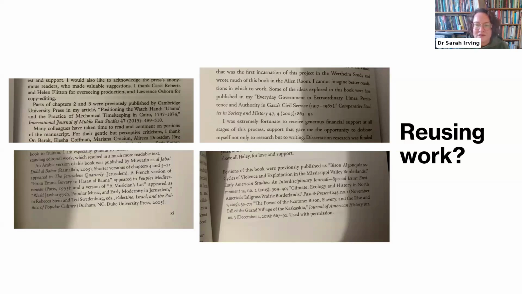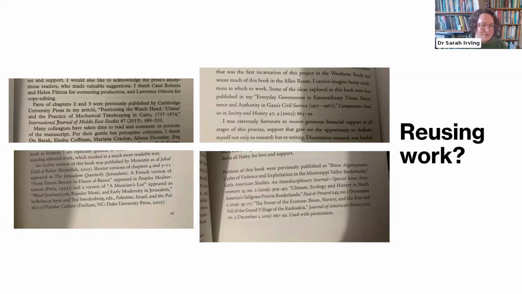Top right is from Ilana Feldman's book on looking at Palestinians who worked in the British Mandate government civil service, particularly Palestinians living in Gaza. And again, as she says, some of the ideas explored in this book were first published in my article Everyday Government in Extraordinary Times, Persistence and Authority in Gaza's Civil Service.